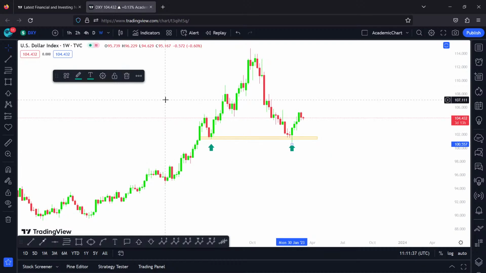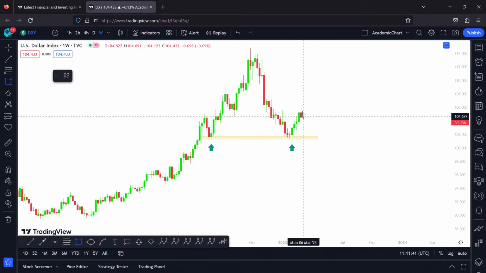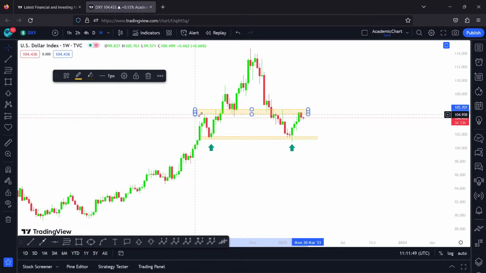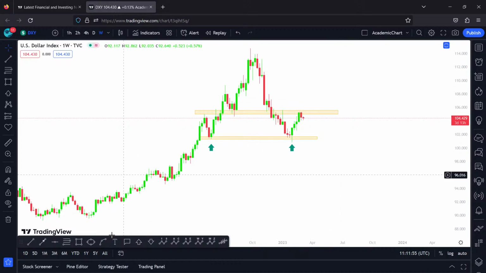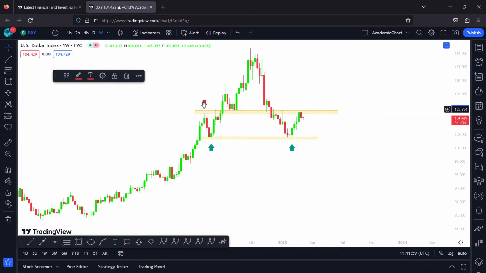Maybe another thing that I'm looking at the moment is that we had another Fibonacci level on top. I've removed that Fibonacci level because I don't want to mess up my chart with a lot of things. So I can see another zone here as a resistance zone. I can see price reacted here, also here, and we had a breakout.